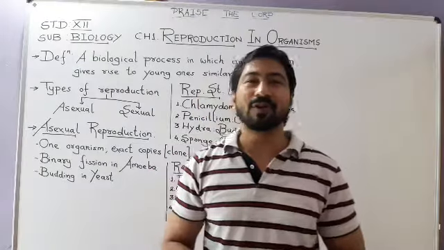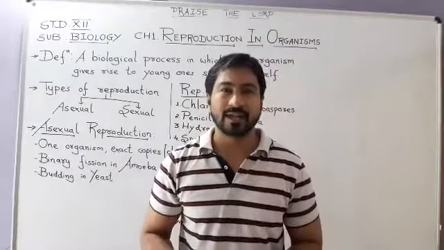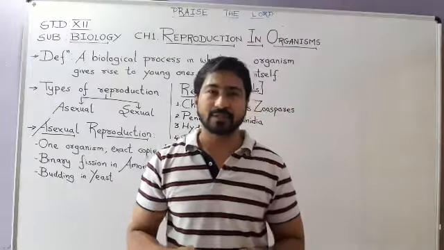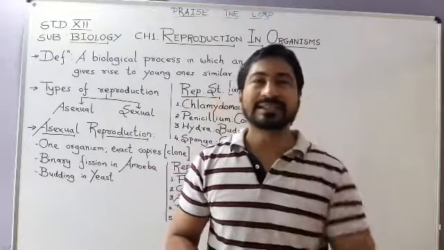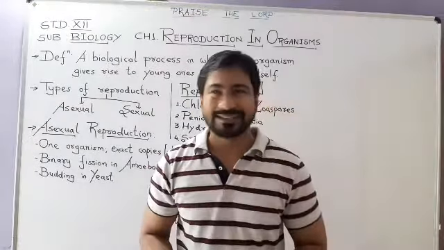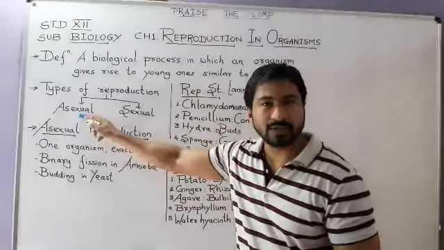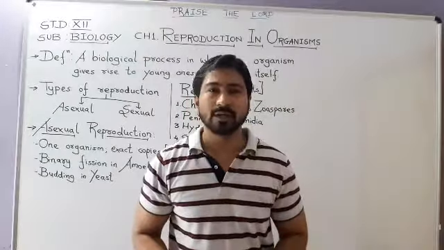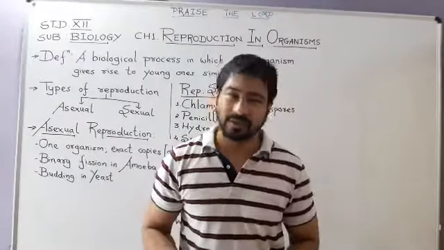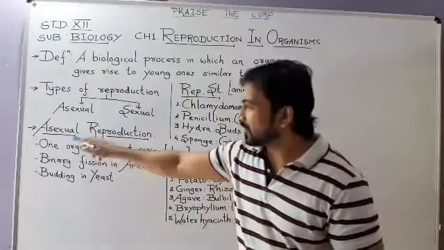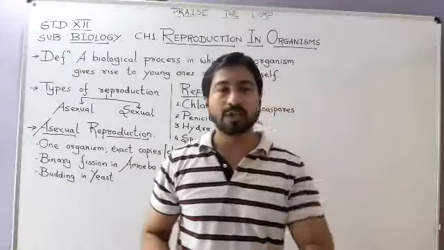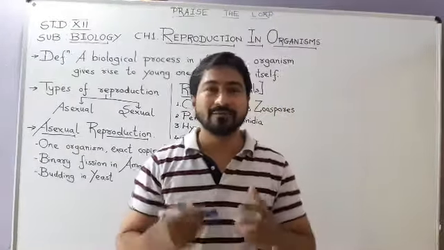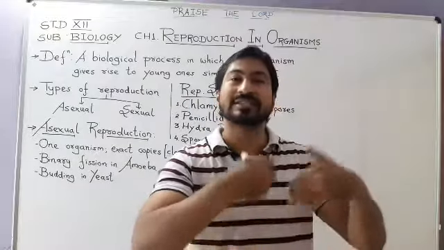Now, based on the involvement of the organisms, that is either one organism or two organisms, we have two basic types of reproduction: asexual reproduction and sexual reproduction. Let us talk about the first one, asexual reproduction. Asexual reproduction involves only one organism, and that one organism produces exact copies of itself.